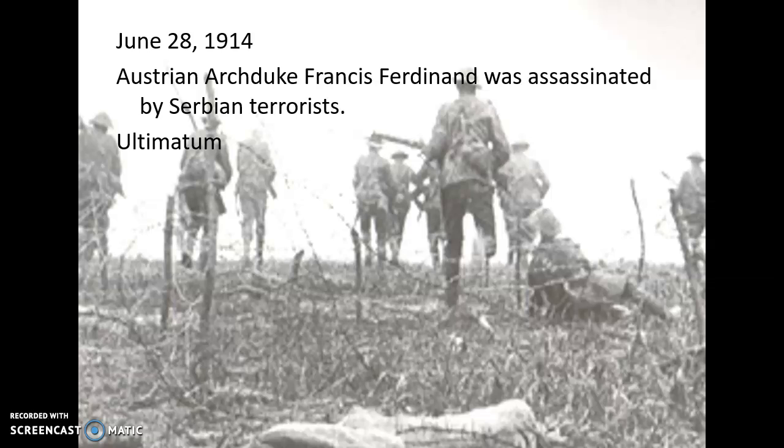The definition of an ultimatum is a list of demands with threats. Austria gave Serbia an ultimatum that demanded an explanation and apology for the crime, a thorough investigation of the assassination, and the suppression of all anti-Austrian publications and organizations. Serbia rejected the ultimatum, and on July 28th, Austria declared war on Serbia.